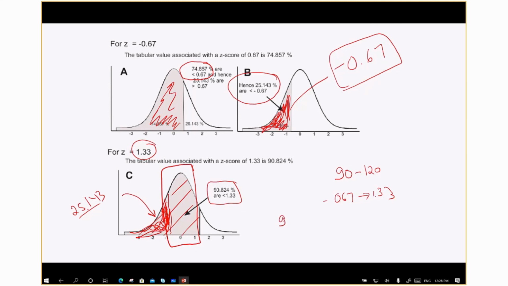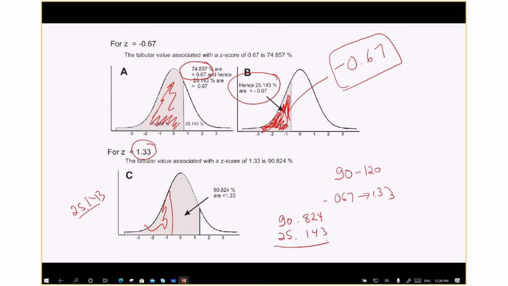So we got 90.824% lying in this whole area here, and 25% lying in this area here.